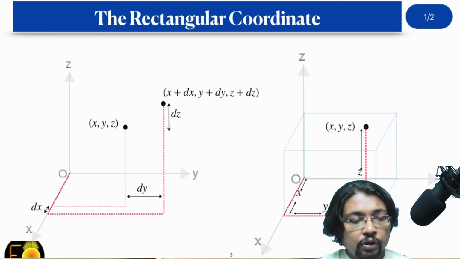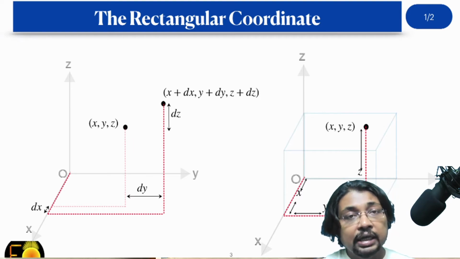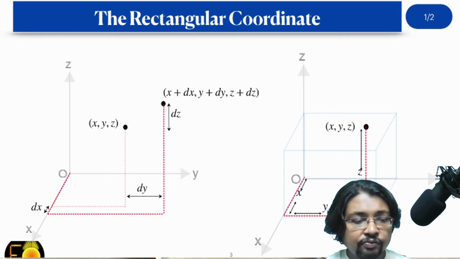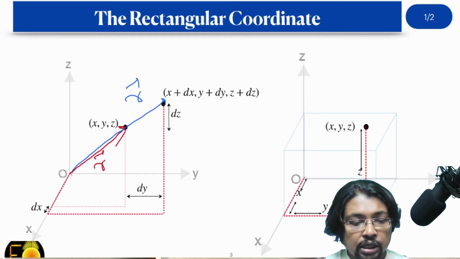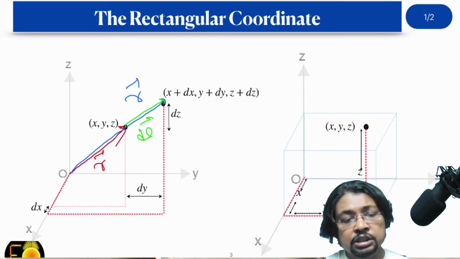So therefore, how can we calculate, or how can we find the net displacement? That is very easy, because if you consider this one is one vector, suppose this is called r, and this one is another vector, this is called r dash. So easily I can define this vector as the r vector, or since it is differential, I can write it as dl.